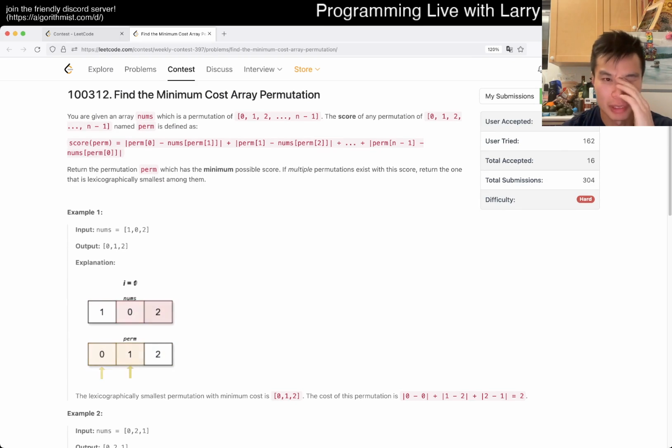How do I take out that? Can I take out absolute value? Is there a way? Can I brute force the last digit? Does that even help?